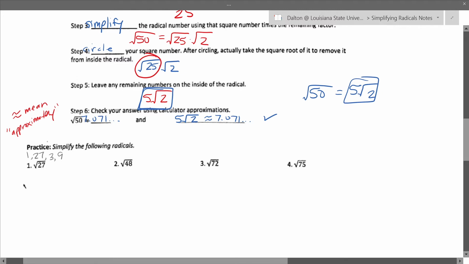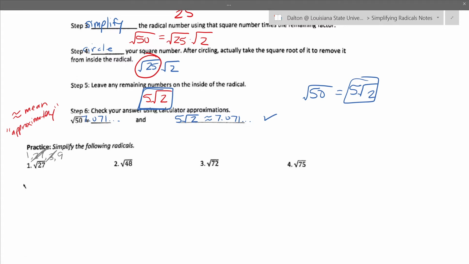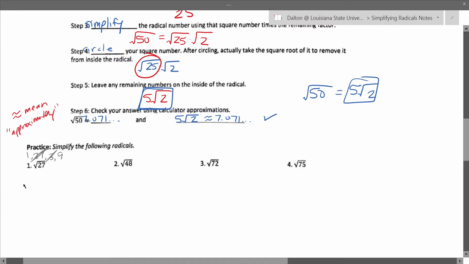So again, if I cross out all the numbers that are not square, 1 is, 27 is not, 3 is not. My only choice is 9. So I'm going to rewrite the square root of 27 to be the square root of 9 times what gets you back to 27, which is 3. Well, the square root of 9 is 3, right, from the list up top.